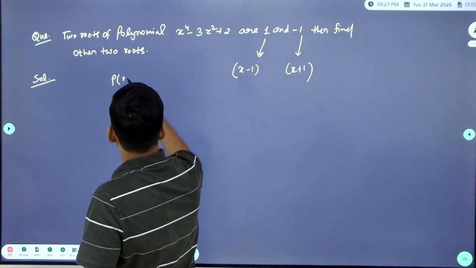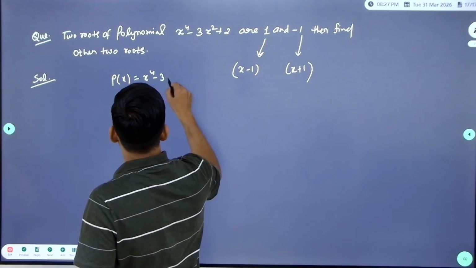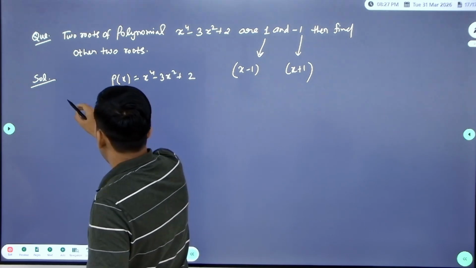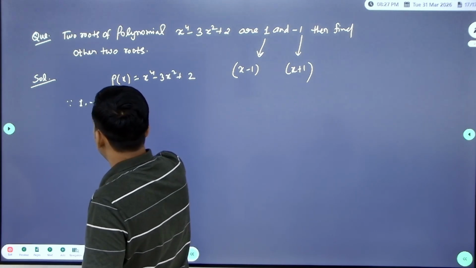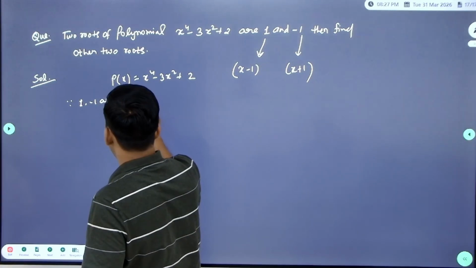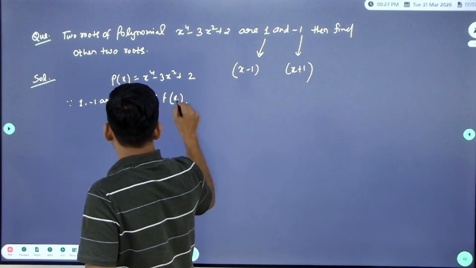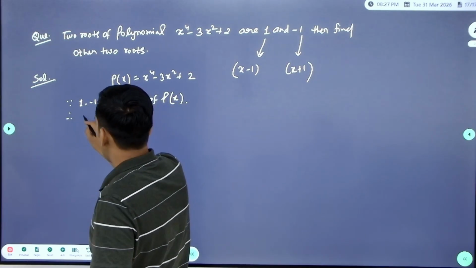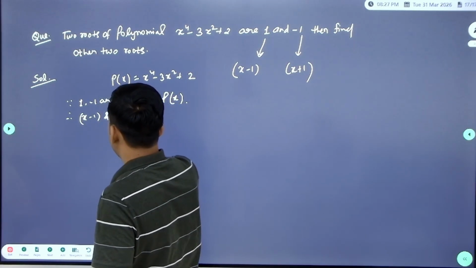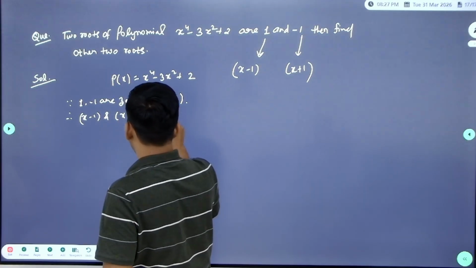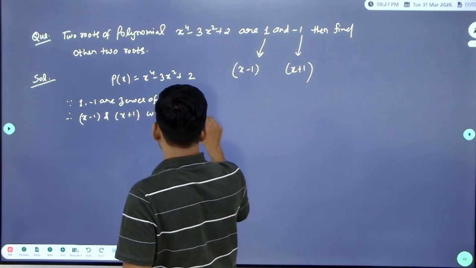So P(x) is equal to x to the power 4 minus 3x square plus 2. Since 1 and minus 1 are zeros of P(x), therefore x minus 1 and x plus 1 will be factors of P(x).